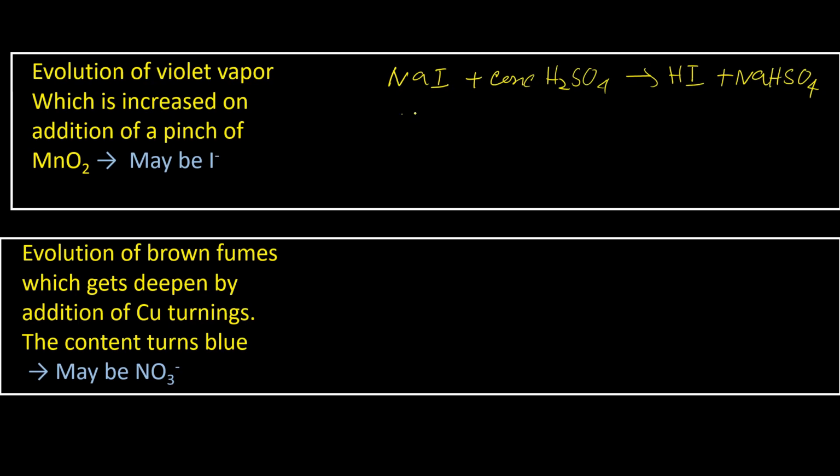Now here if you add a little bit of manganese dioxide, and sulfuric acid is already there, then what will happen? It will be oxidized easily to iodine, which will come out as violet vapor.